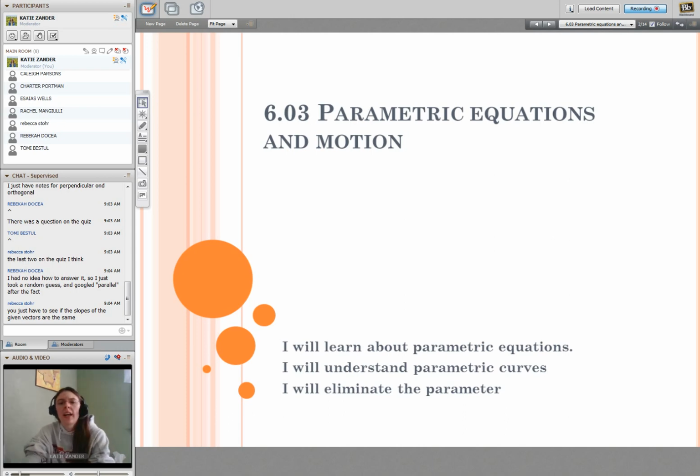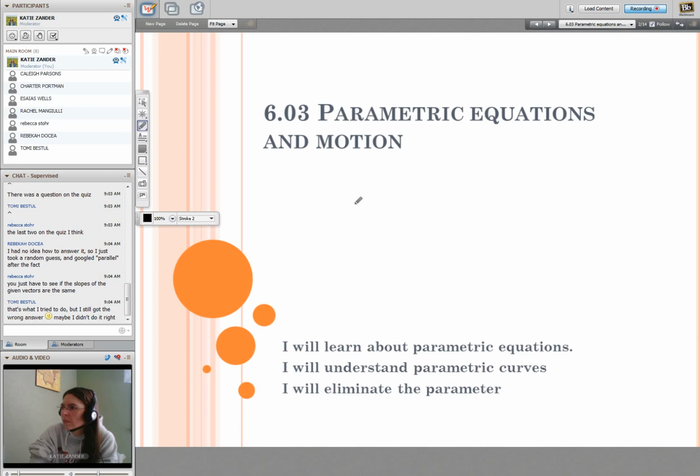Well, let's take a look at the last one. You have to see if the slopes of the given vectors are the same. Okay, so if I take a look, are we comparing it with the origin? Let's see. We'll Google it because I do see the questions there.